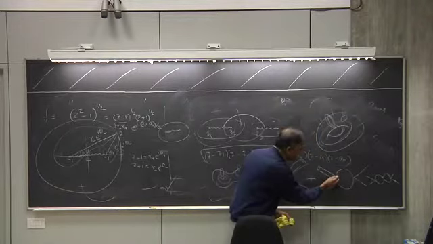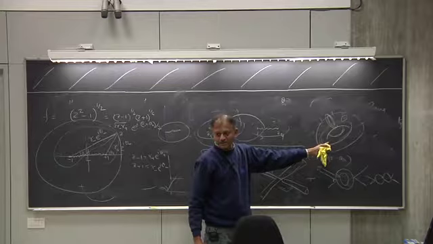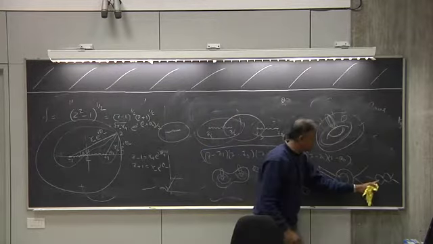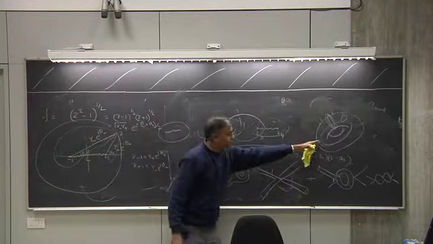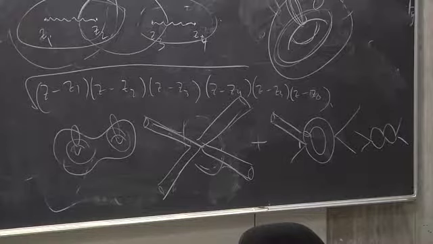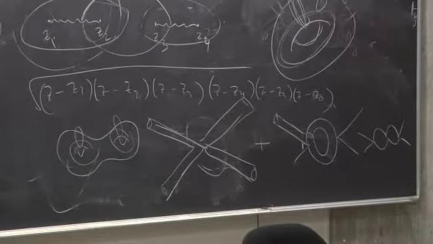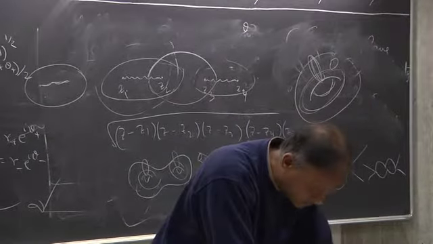So the intermediate particle will be replaced by a string. So what do you get? You get that space. Here again you get this space, and so on. So these are what appear in the string loop expansion. So actually, all these play an important role. Sorry, there was a digression here. Now, let me come back to.